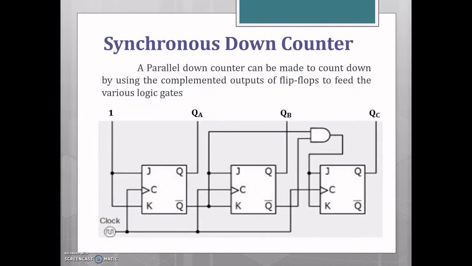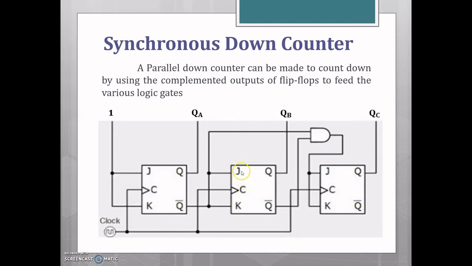Then coming to the synchronous down counter, the same procedure is followed to derive it. The only difference is that in the previous case, the true outputs of the flip-flops are used as the input for the logic gate, whereas on arriving with the expressions for JC, KC, JB, KB, JA and KA, we will be using the complemented outputs.